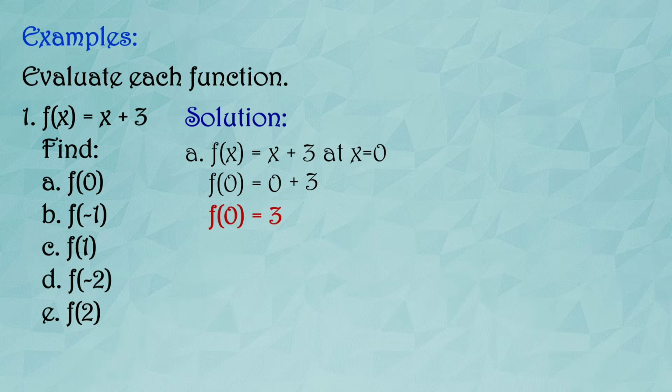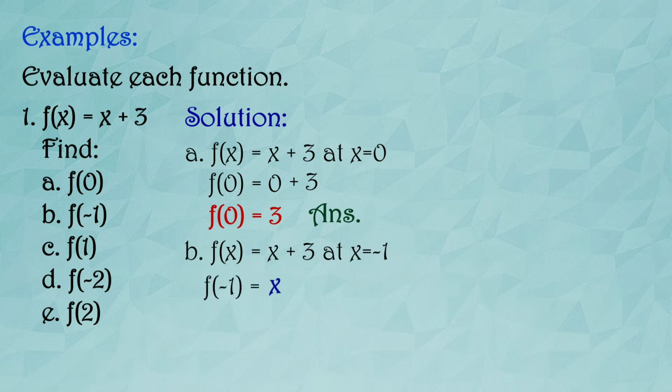The value of our function at x equals 0 is 3. Letter B, f of x equals x plus 3 at x equals negative 1. We replace x with negative 1. So, negative 1 plus 3 is equal to 2. The value of the function at x equals negative 1 is 2.